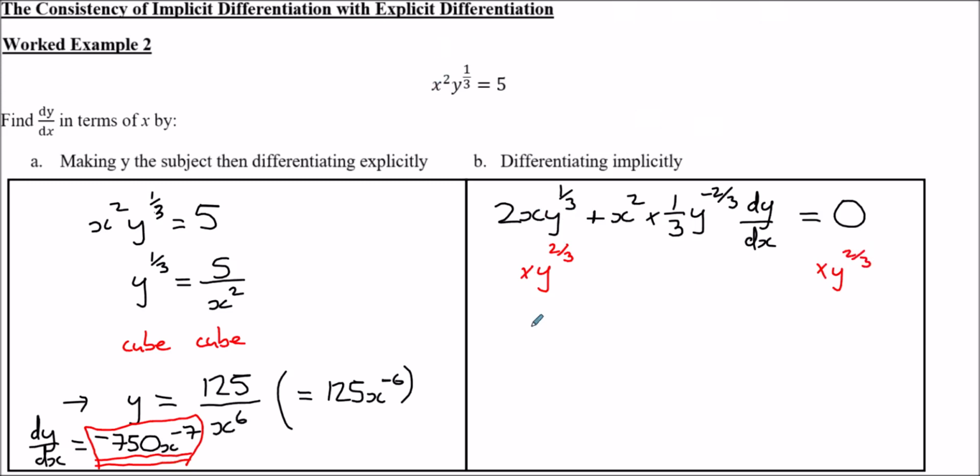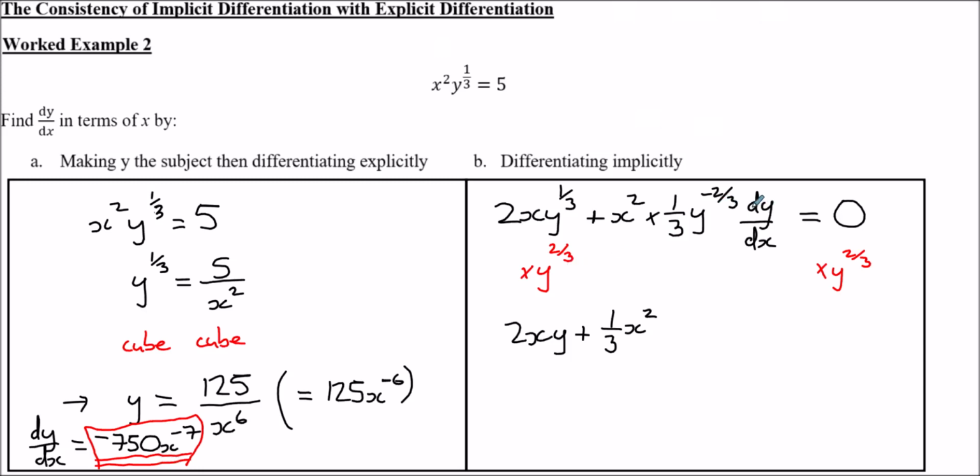So this bit here will become 2x to a full y. This bit, I've got 1/3 there, so now I'll have plus 1/3 x squared. Y to the minus 2/3 times y to the 2/3, that'll give us y to the 0, which is just 1. So this now eliminates the y to the minus 2/3. Essentially, it's like it's cancelled it out.